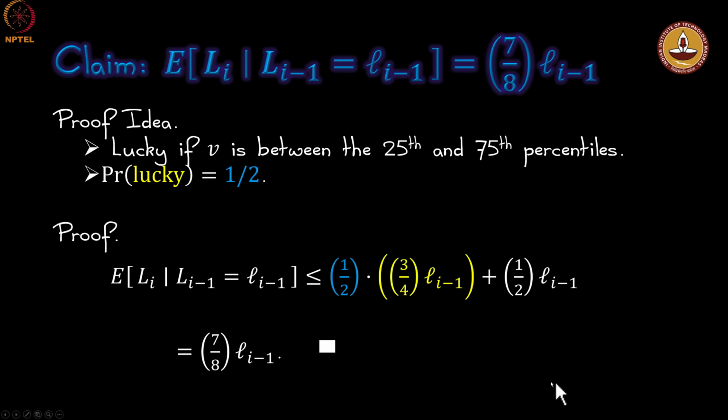Now you may ask, why do we claim that the size of the array shrinks to 3/4 the previous size when we are lucky? Well, to understand this, you should realize that the two extremes within the lucky region are the 25th percentile and the 75th percentile. So let's look at these two extremes.